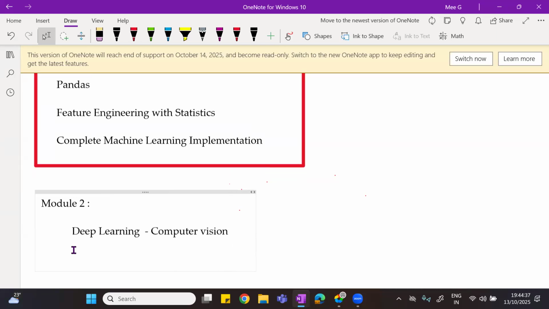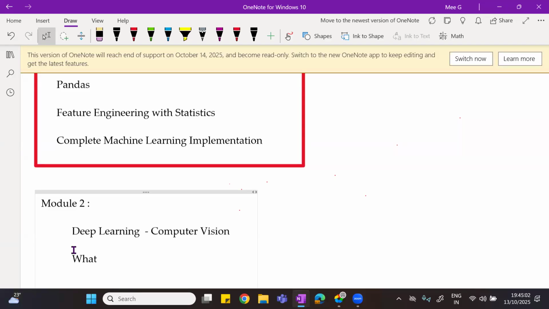In simple terms, you are making the computer recognize objects. If you give an elephant picture, it will recognize, yes, this is an elephant, or something like that. That's the way it goes on. And for that, what do you require?